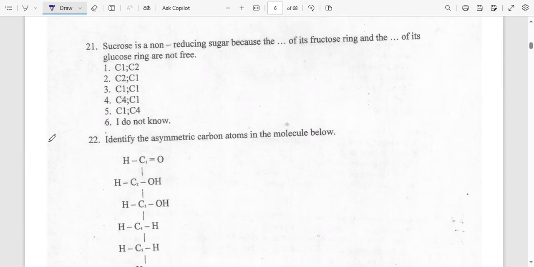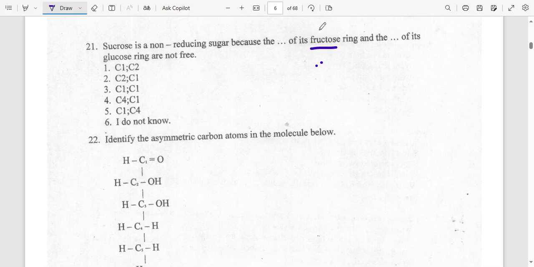Sucrose is a non-reducing sugar because the dash of its fructose ring and the dash of its glucose ring are not free. Now, when you are forming sucrose, you are going to have fructose and glucose. Now, the fructose is a ketone.